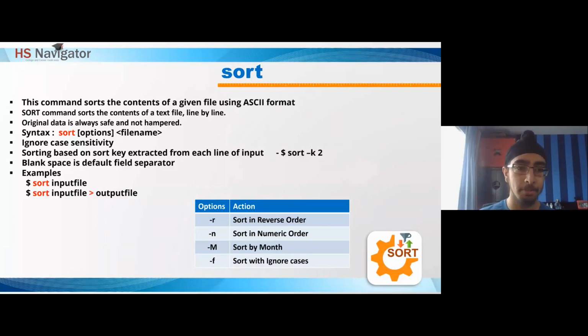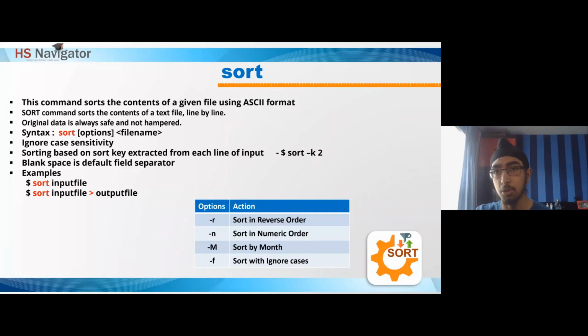Basically it sorts the contents of a file using ASCII format, and there's a couple of modifiers you can use with it as well. The basic field separator, the thing that separates columns, is a blank space. So you could do sort input file, and that'll just sort the file, or you could do sort input file and then redirect that into an output file.